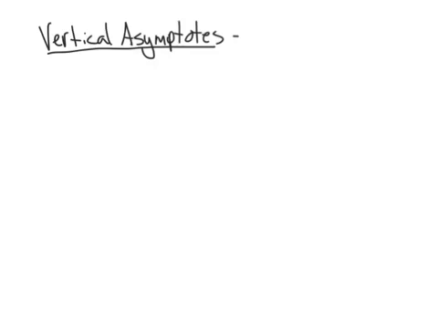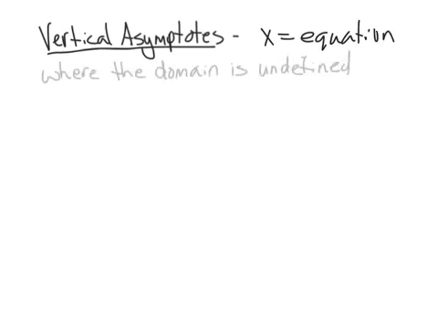So let's define what a vertical asymptote is. A rational function may have more than one vertical asymptote, but it has to do with the x values. So it's an x equals equation. And it's basically where the rational function is undefined. And more specifically, it would be where the domain is undefined, where we cannot substitute in a value for x and come up with an answer.